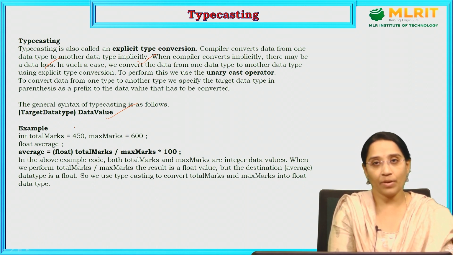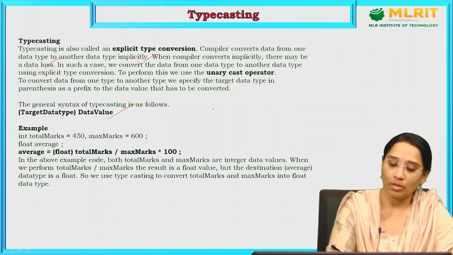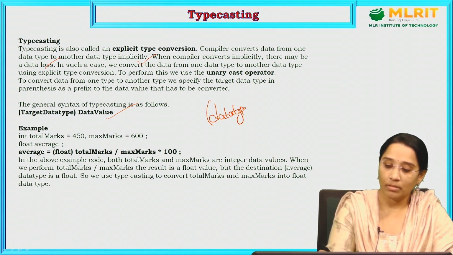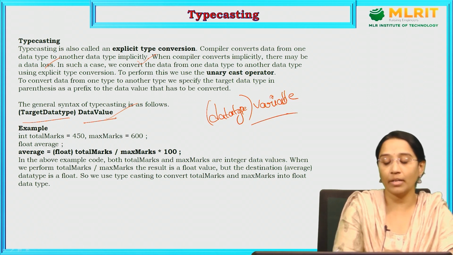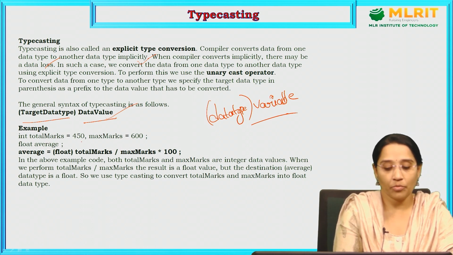The syntax for explicit type conversion is: target data type and the data value. Example: int total marks is equal to 450 and maximum marks is equal to 60, float average.